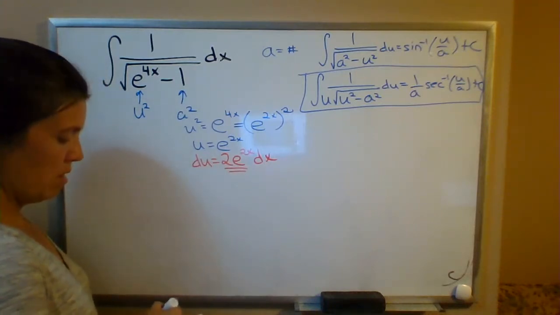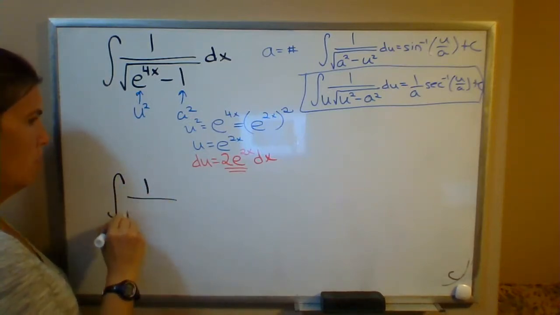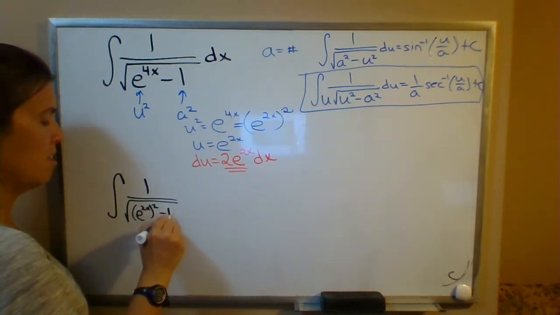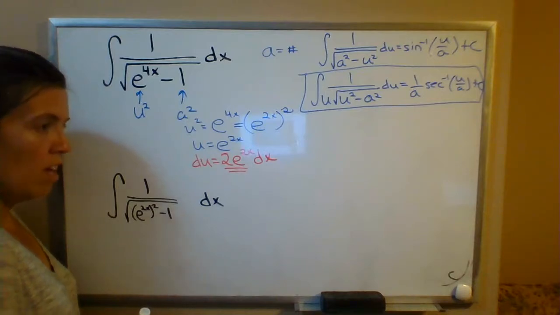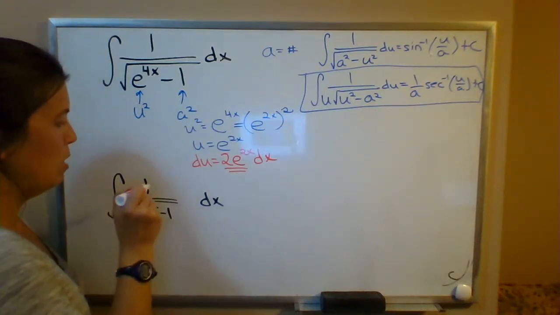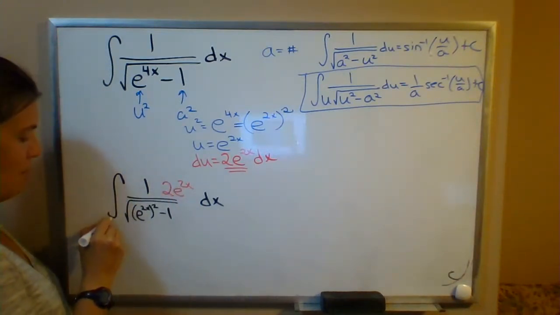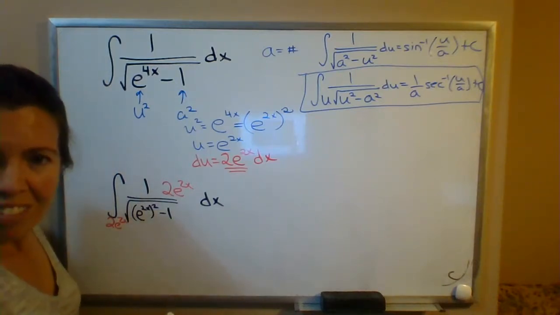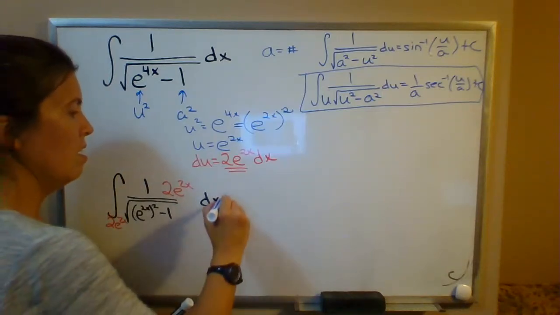So let me write this out down here. Here's the original integral, 1 over the square root of e to the 2x squared minus 1. I'm going to multiply by 2e to the 2x in the numerator and in the denominator. It's a little hard to see, sorry, guys. Actually, let me write it out.